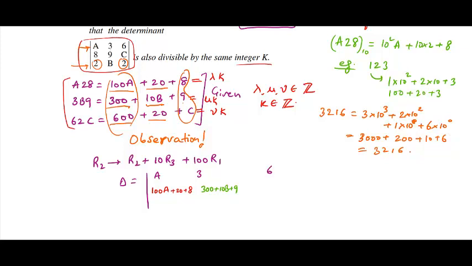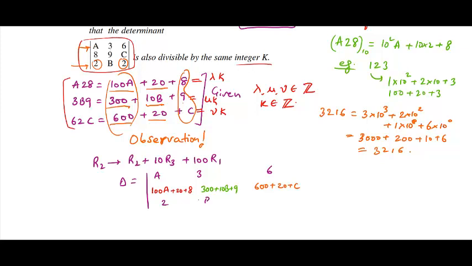and then the third element becomes, let's say I'm writing this 6 slightly further so that the writing becomes clear. So the third element now becomes, we are going for 100 times first row, so you get 600 plus 20 plus C, and we are not making any change in the third row as well.